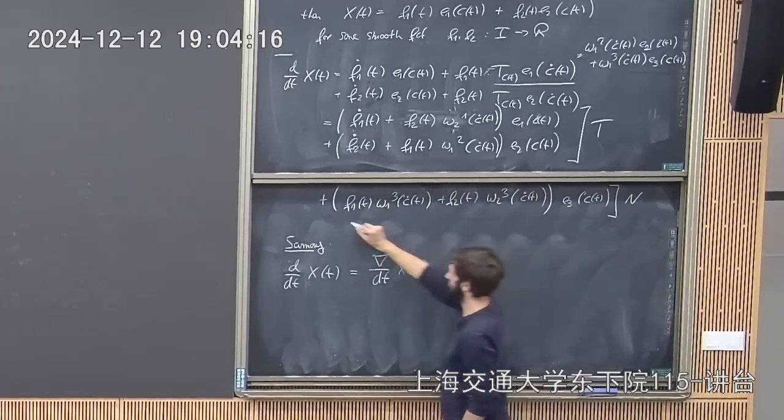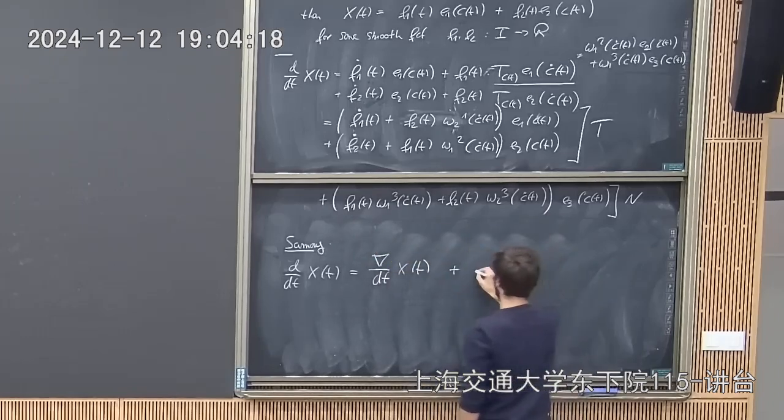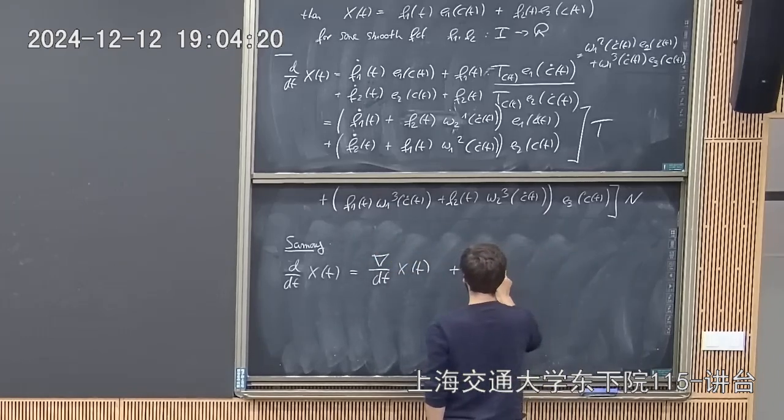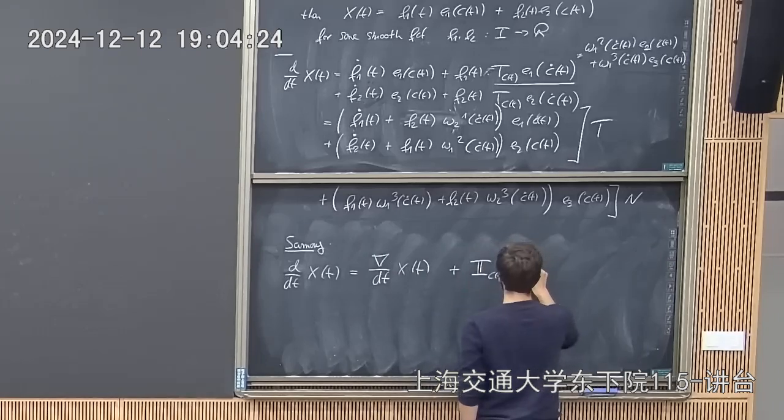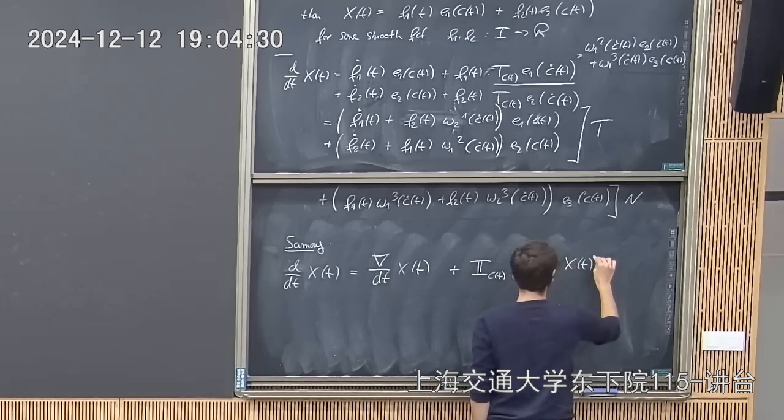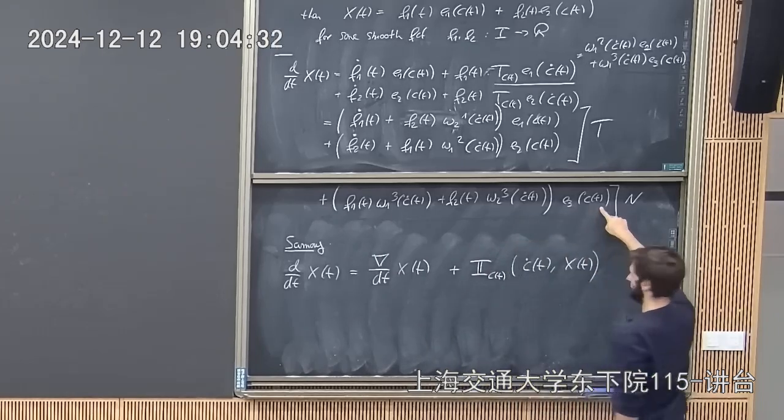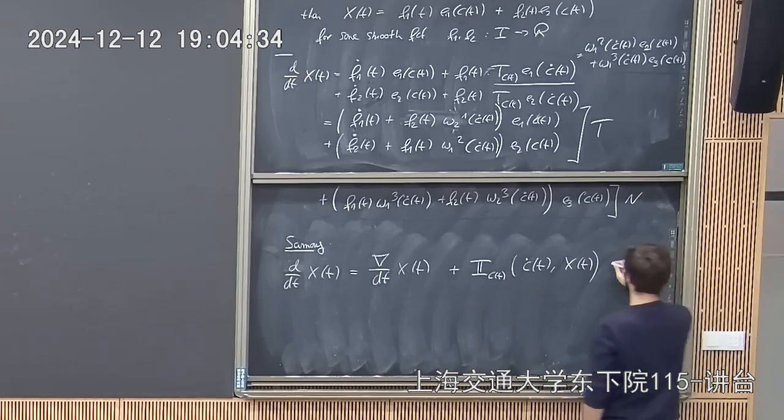For the things in brackets, we just calculated that this one is the second fundamental form at c(t) in c dot of t times x of t direction. And then we can write E3, but E3 is the same thing as the normal, so it's the normal at the point c(t).